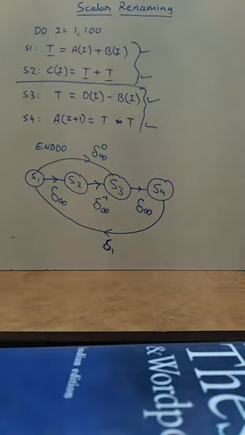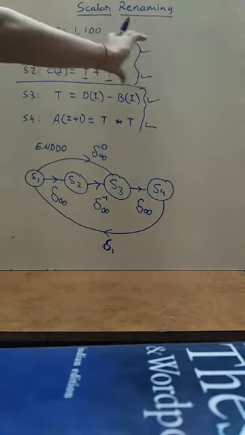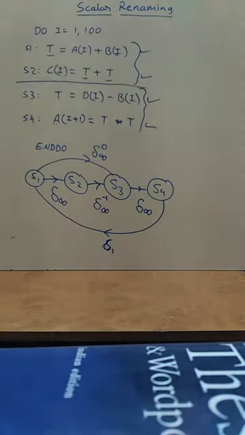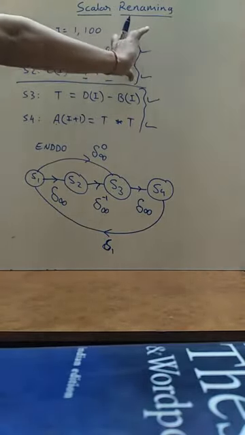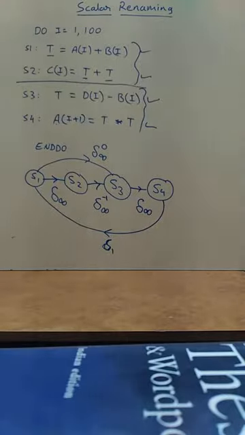However, when we recognize that these two are different parts of the iteration and t of this part has no relation with t of this part, then we can apply scalar renaming. In scalar renaming, we assign a separate name to each part of the iteration.